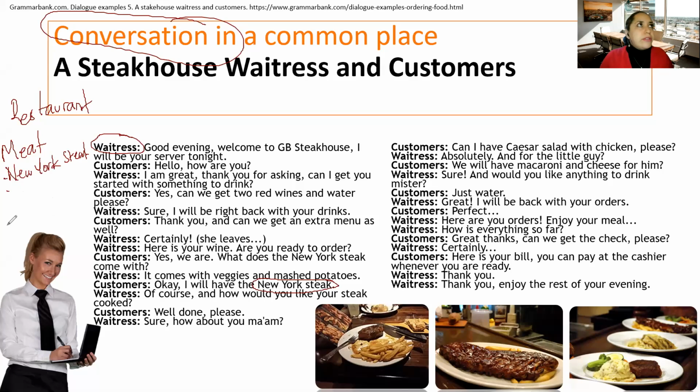Let me see if I can remember another one. You can have something called ribeye steak. You could ask for ribs, which is this type of plate here. I'm talking about meat, okay, meat.